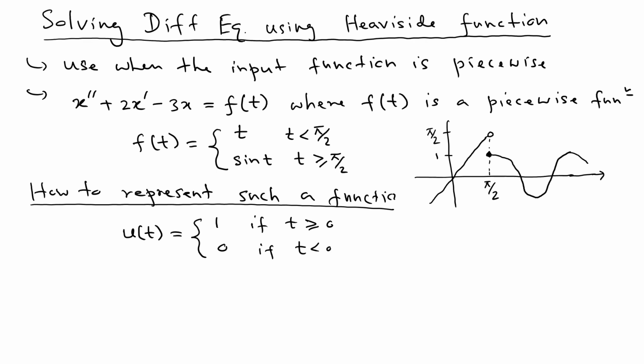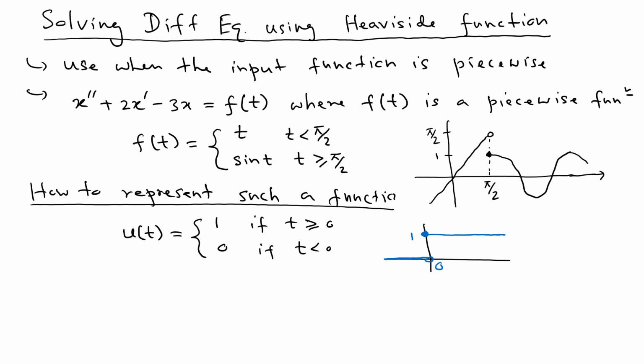If you look at the graph of this function, it's 0 until 0, and right after 0 it's going to jump to 1, and then it stays at 1. This is what we normally call the switching function, because it looks like a switch. It switches right after 0 and jumps to value 1.